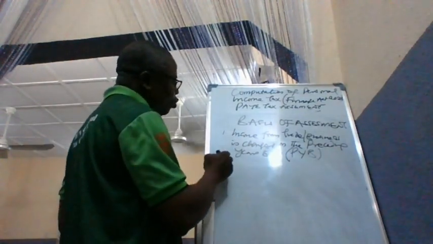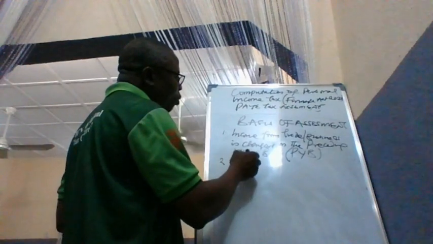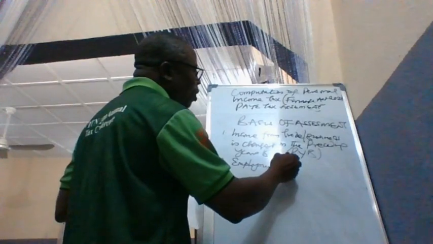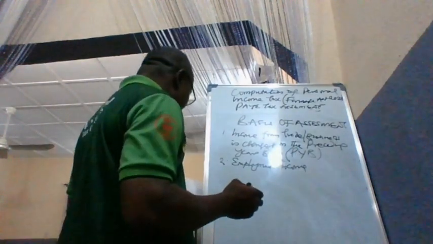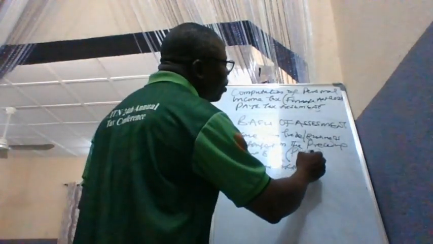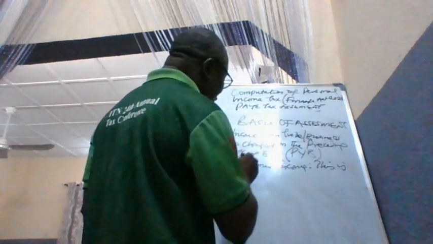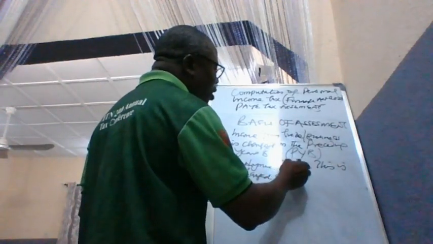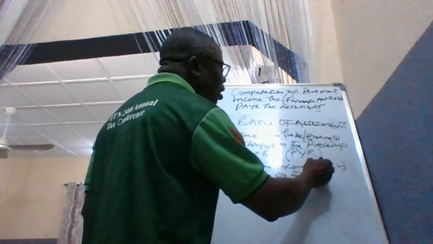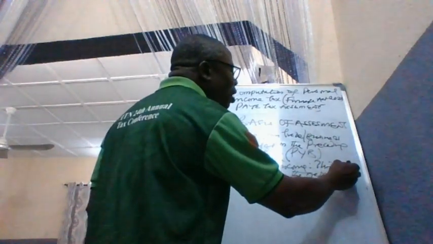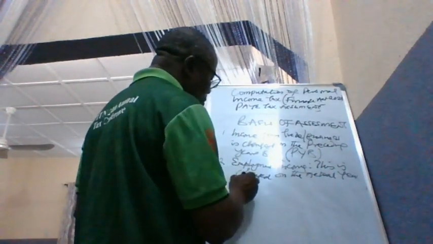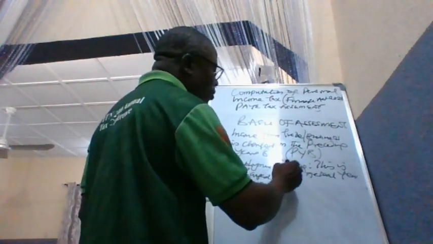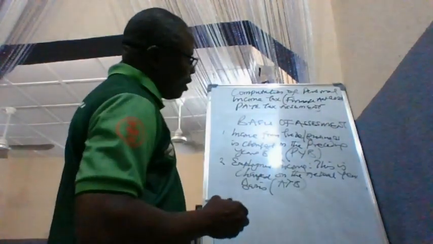Now, number two, employment income. This is charged on the actual year basis, AYB, actual year basis.